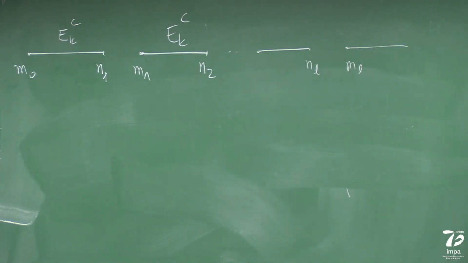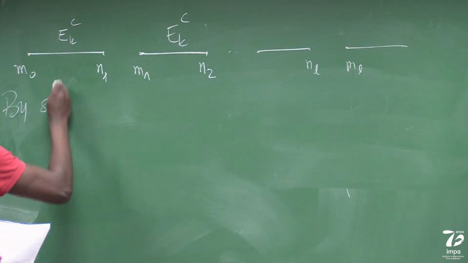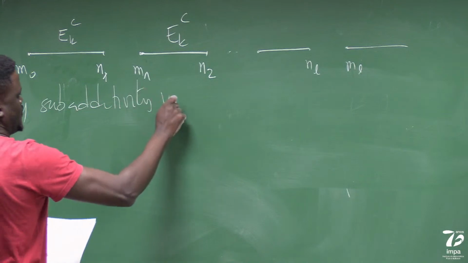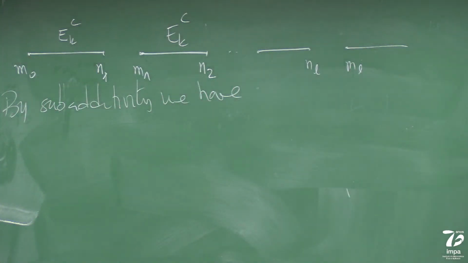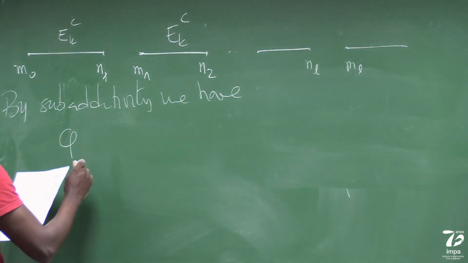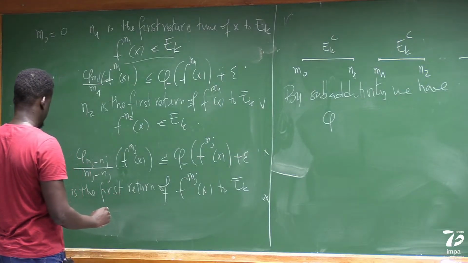So if you use sub-additivity, we have that phi, yeah, this was at mj, sorry.